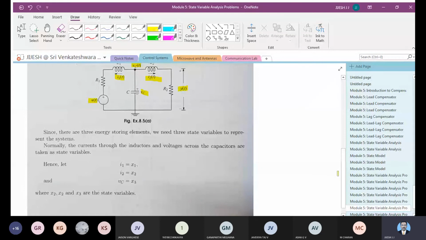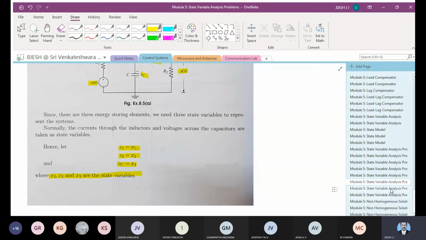This is very important to understand here. Based on the energy sources, you need to define the state variables. So here the energy sources are I1, I2 and VC. So I have defined I1 as x1, I2 is equal to x2 and VC is equal to x3. So we have three state variables x1, x2 and x3.